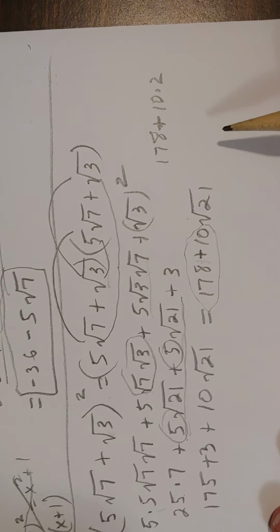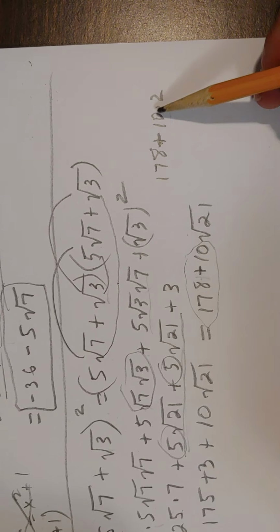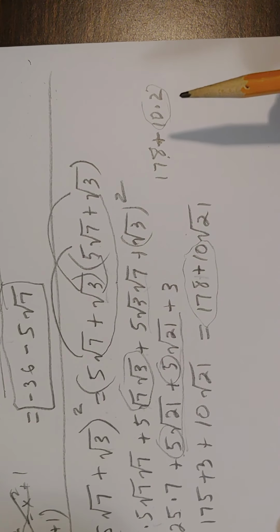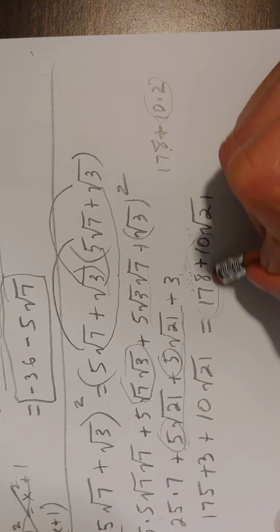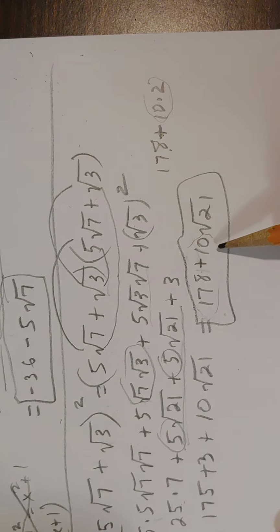You don't say 178 plus 10 and get 188 and double it. You say 2 times 10 is 20 and then add it to the 178. So you can't add that 178 and that 10. It stays like this. Don't add the 178 and 10. This multiplication has priority over any adding. You do not add those together. Okay?